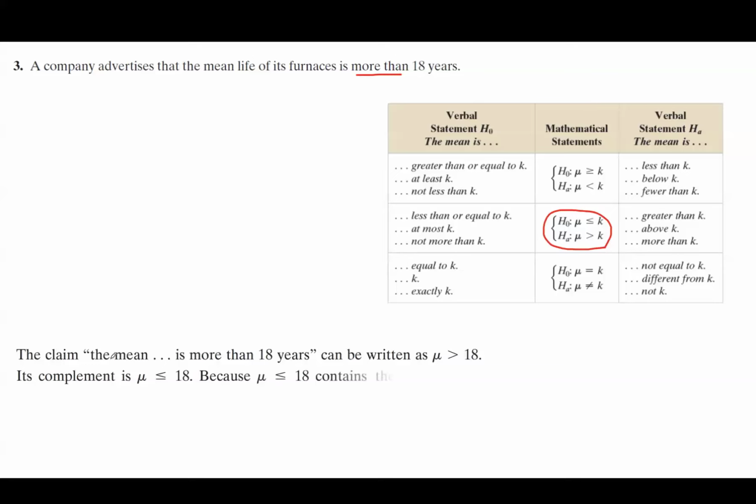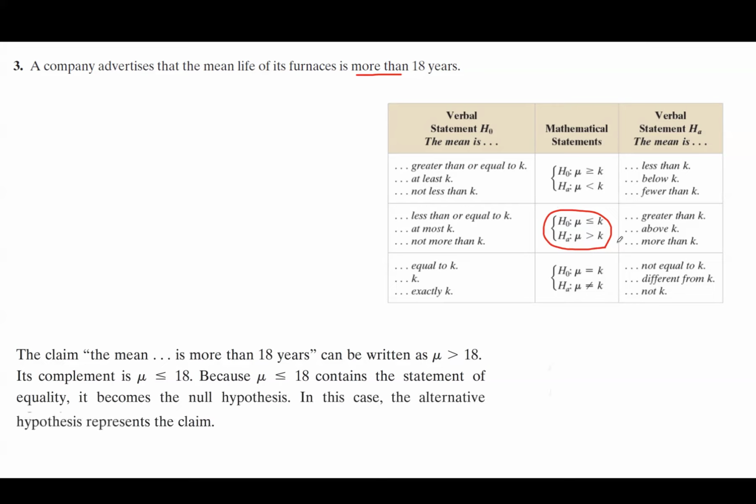The claim, the mean is more than 18 years, can be written as mu more than 18 years. The complement is mu less than or equal to 18 years. So this is the exact same situation that we're having here. So the null hypothesis says mu is less than or equal to 18 years. The alternative hypothesis says that mu is more than 18 years, and it happens to be your claim.